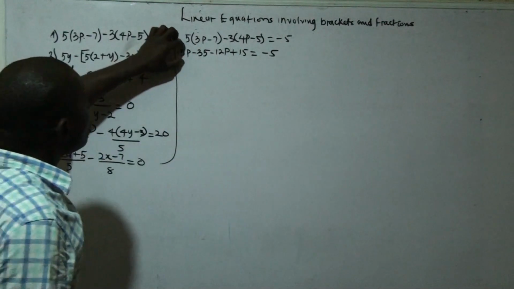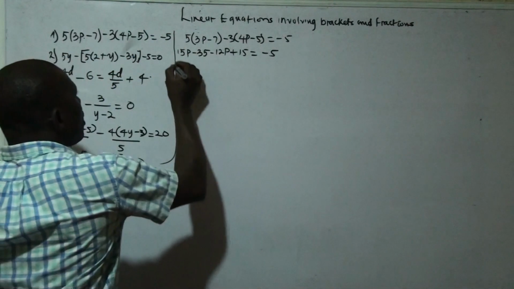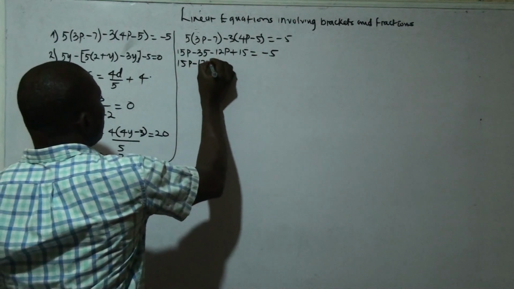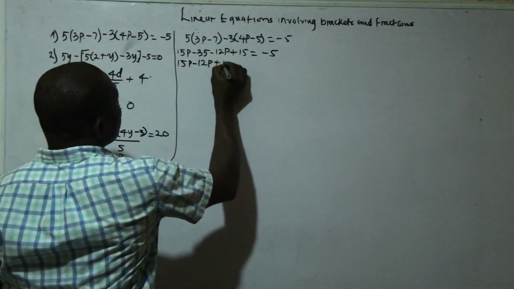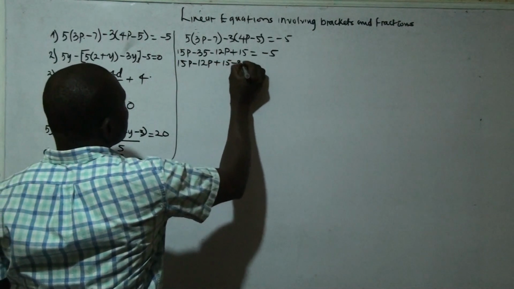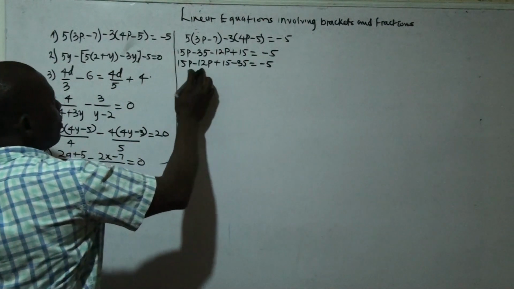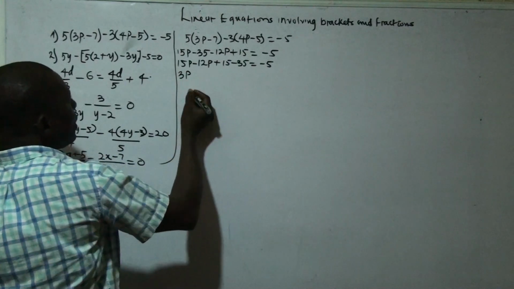Okay, now we group those with the unknown. Here we have 15p minus 12p, plus 15 minus 35 is equal to minus 5. So 15p minus 12p gives 3p.